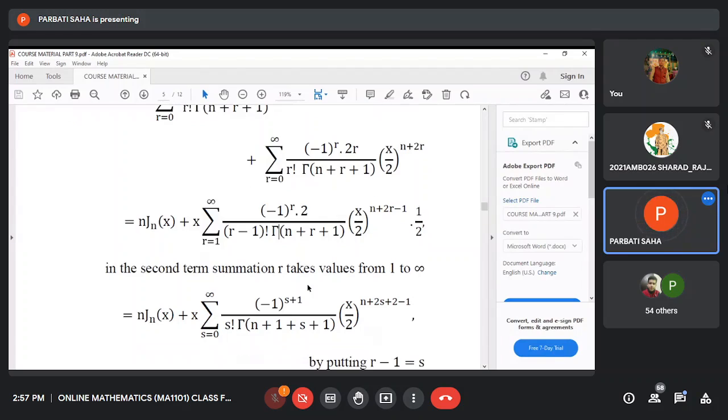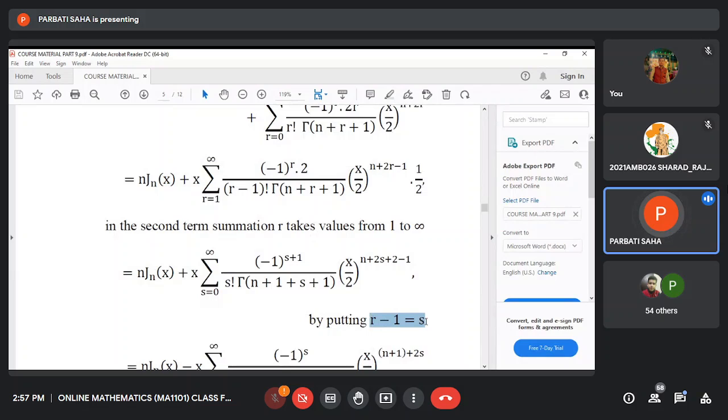In the second term, in the summation you observe that r varies from 1 to infinity. Now this term remains unchanged, which is n J_n(x) plus x into, you see, we have used some transformation like this, r minus 1 equals s. And so if r equals 1 to infinity, then s equals 0 to infinity.